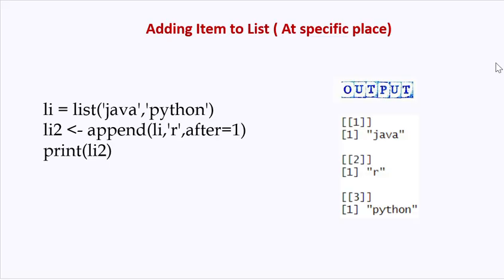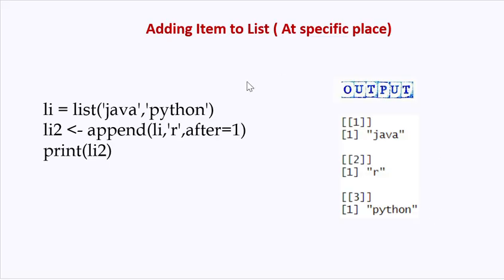Just recall the previous example where we created a sequence of programming languages initially as Java and Python. Later with the append function, we just added R programming also. Now, instead of adding R programming at the end of the list, I want it in the middle, like the output we got here. As an example, I need Java, R programming, then Python.